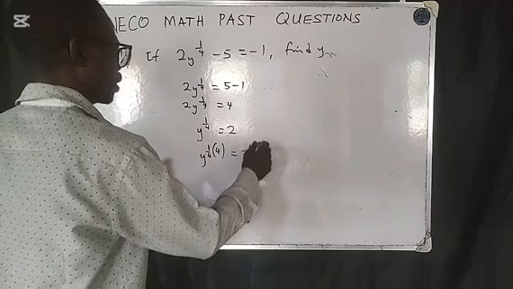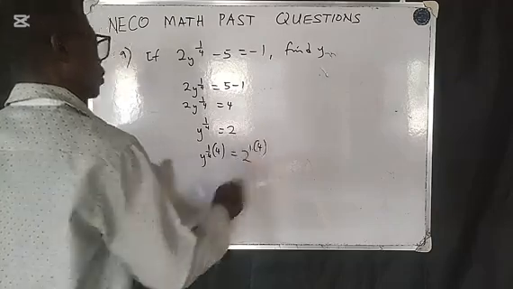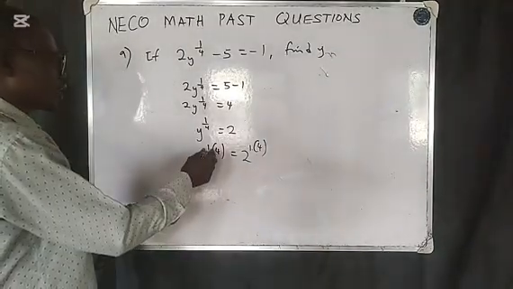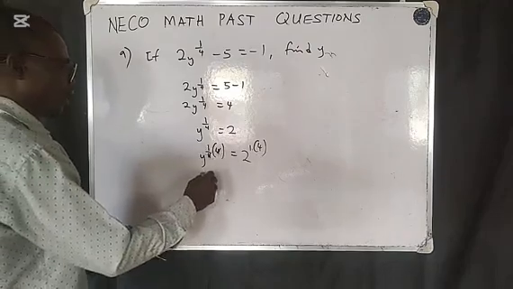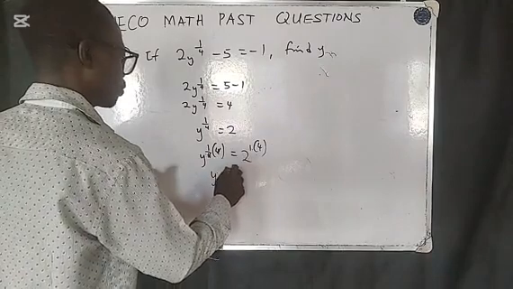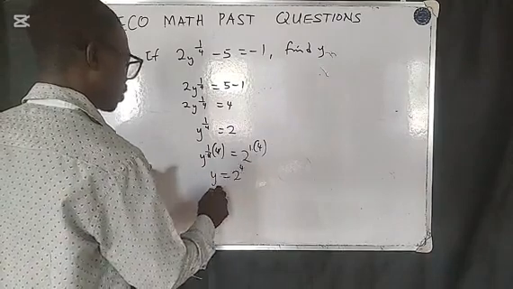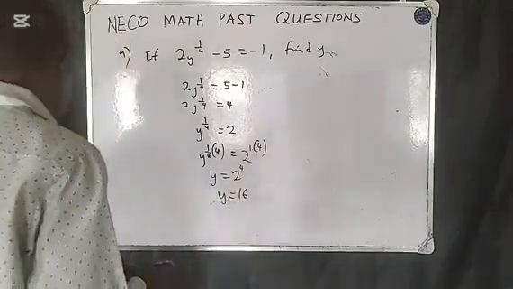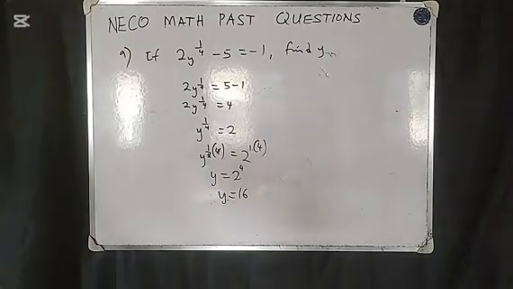Let's put a 1, then multiply by 4. The 4 here, we cancel the 4 here. So we have y, then 1 times 4, that will give us 4. 2 raised to the power of 4 is 16. So our y is going to be 16. That is the answer.